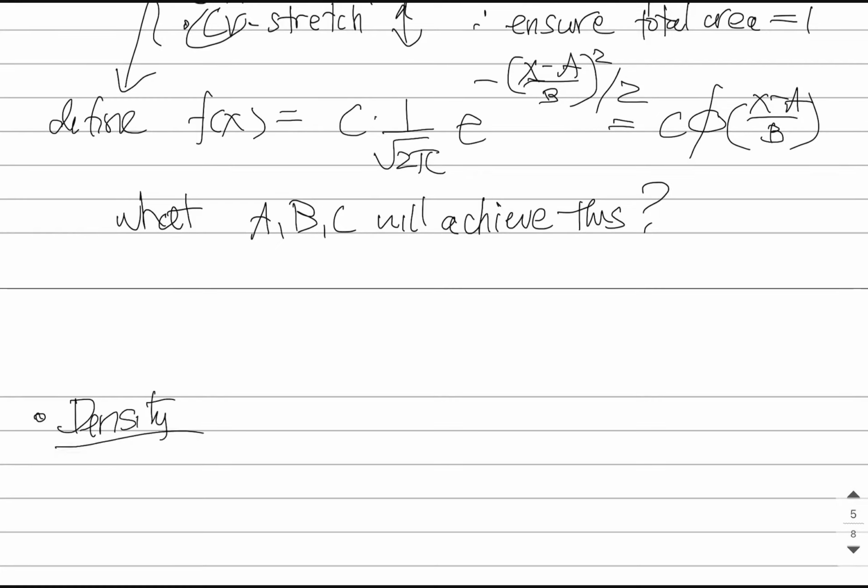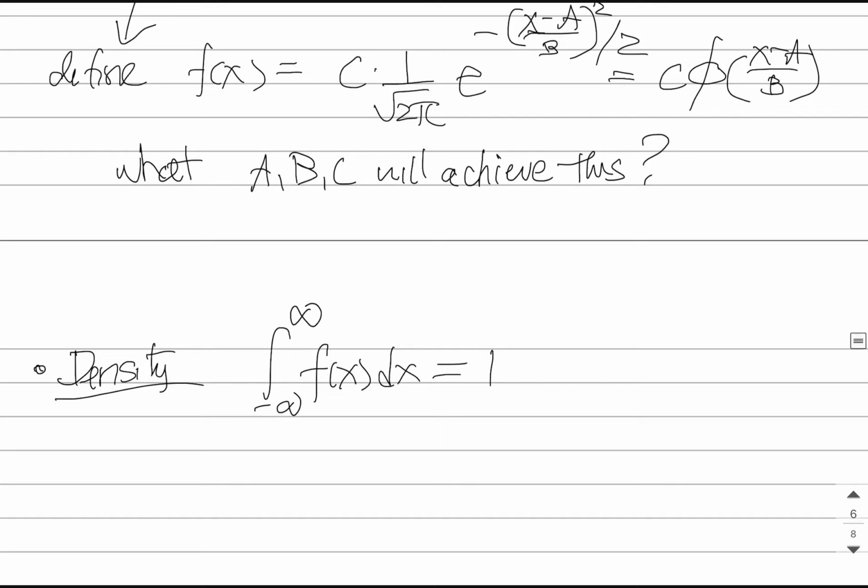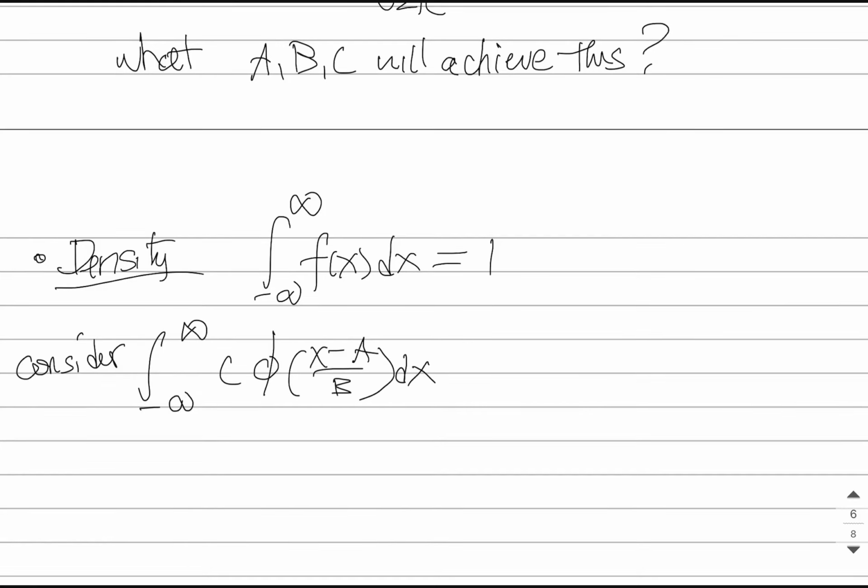So the density condition: when we integrate this density over all possible values, we are going to need the result to give us a 1. It's going to make our lives very easy if we treat this integration in terms of a standard normal. We're going to make a substitution.